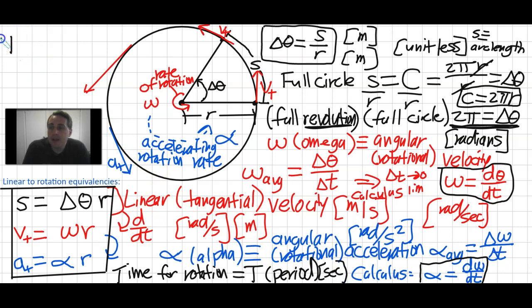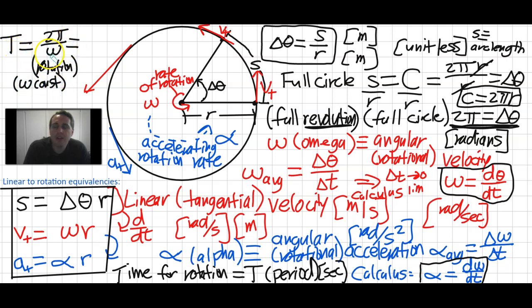The period can be written in a couple ways. If you do it in terms of rotation, you can think about that an entire rotation is 2 pi radians. And the rate of rotation, if it's constant angular velocity, is going to be omega. So this would be 2 pi divided by omega as long as omega is constant.